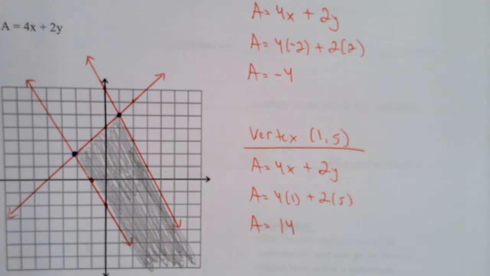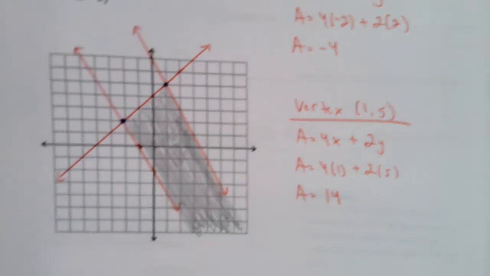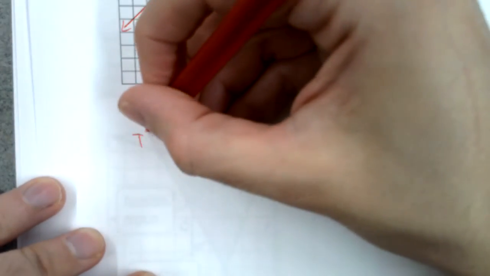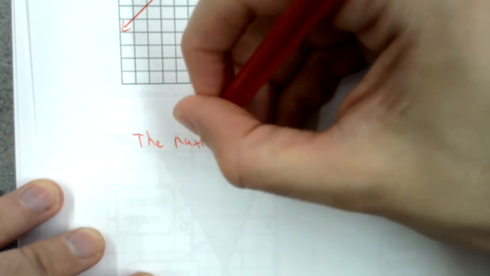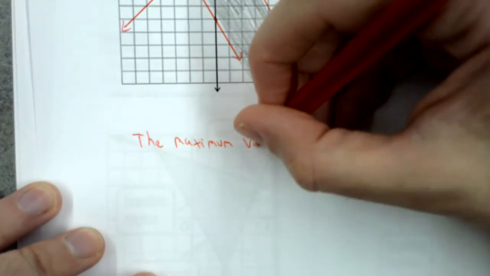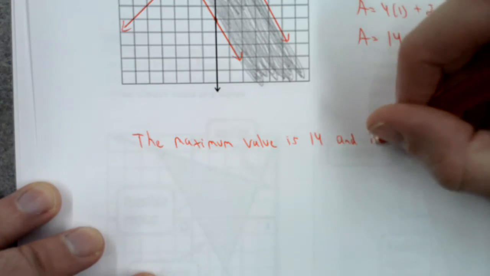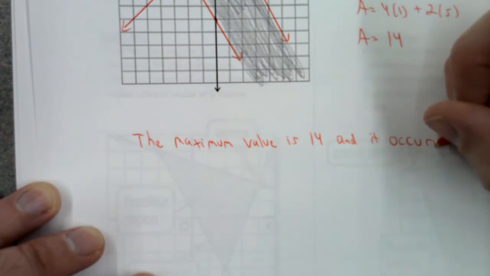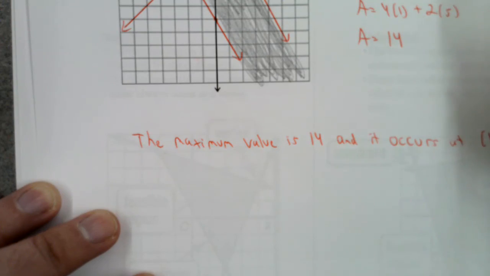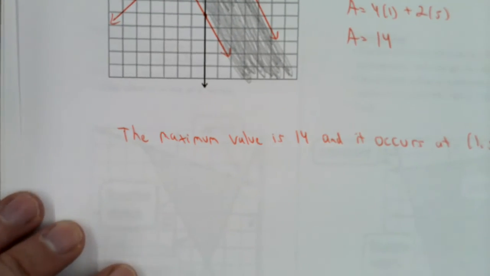So I'm going to say the maximum value is 14, and it occurs at 1, 5. There is no minimum value.